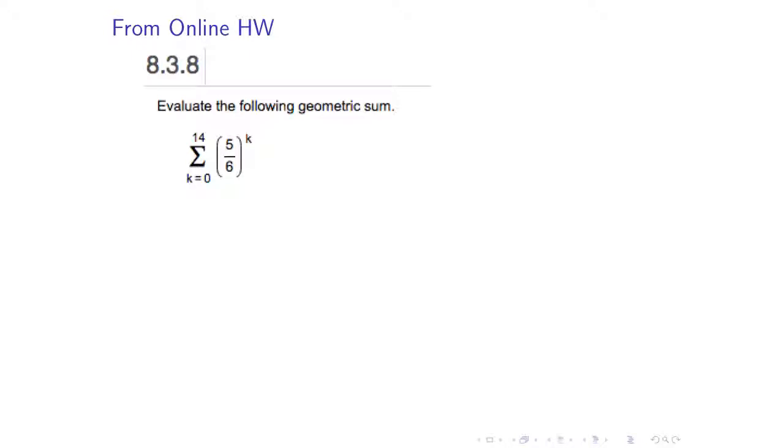From what I just said, this guy, and let me change colors back. This guy is 5/6 to the 0 plus 5/6 to the first, yada, yada, yada, plus 5/6 to the 14th.